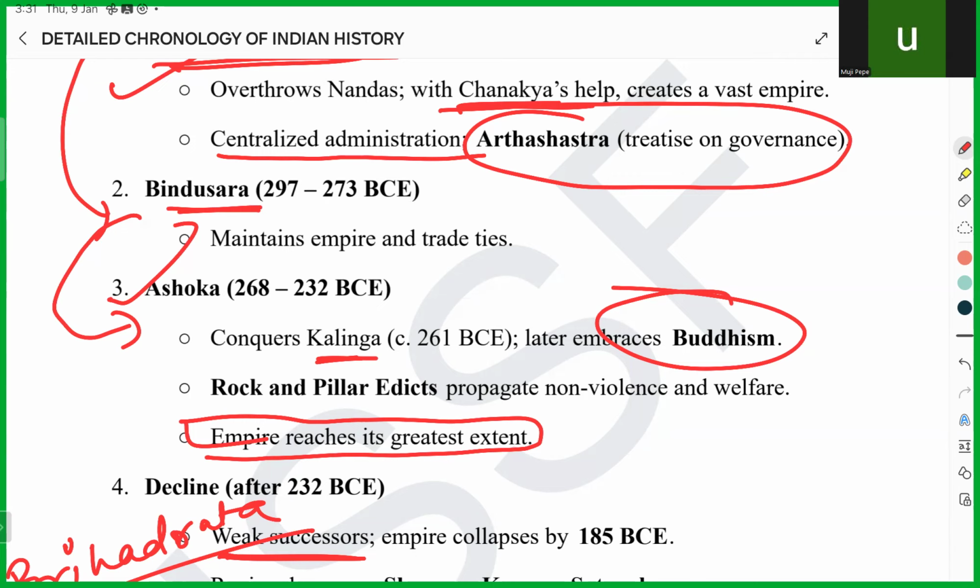See, it happens like this: let us say that the Mauryan dynasty had an area from Afghanistan to Karnataka, and now many small kingdoms emerged from it. One of them was the Satavahanas from the southern part, because their capital was also Patliputra.